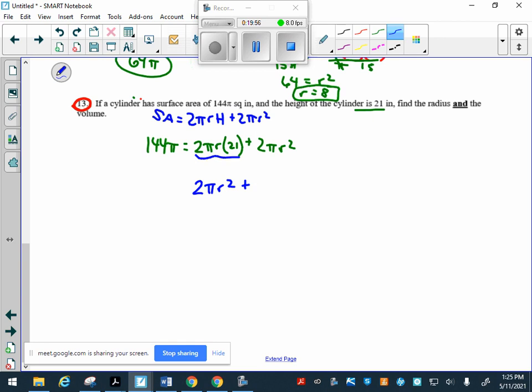This is 42 pi r. I'm going to bring this over also. Here is equal to 0.